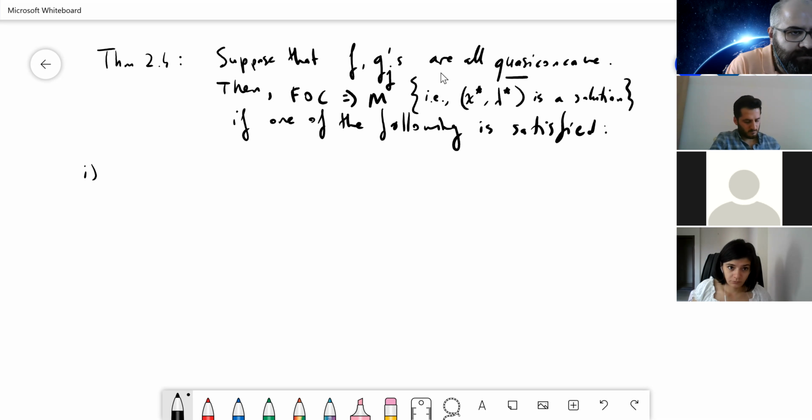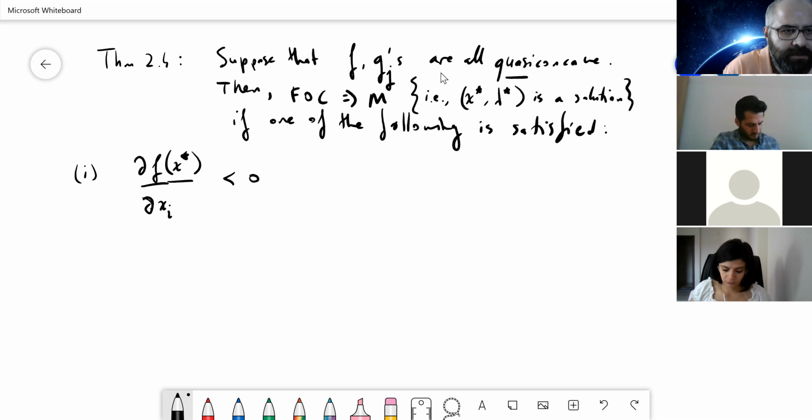First thing that we'll look at is this. For some x_i at the optimum, this derivative will be negative.